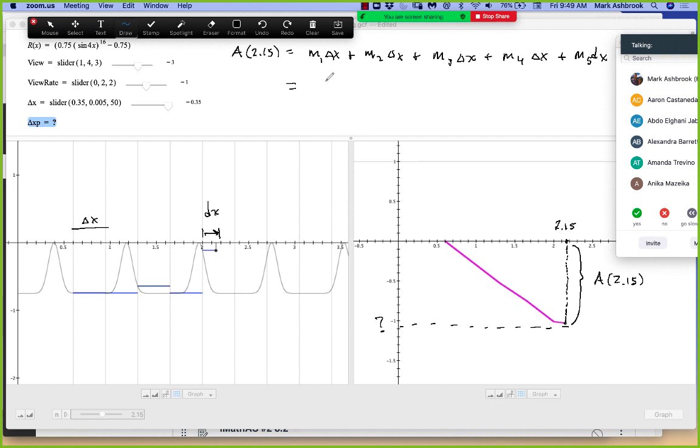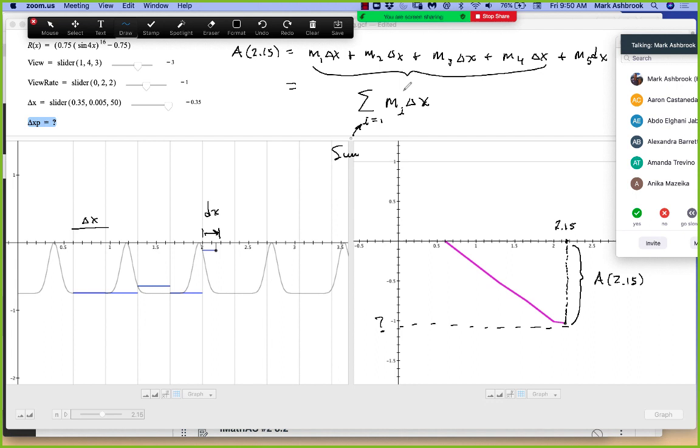So we said we can generalize that. The sum of all the change from the completed intervals, we can use this symbol, which just means sum. Sum up all the m delta x's. So we say m_i, where i goes from 1 to the number of completed intervals. So i is 1, then i is 2, then i is 3, and then i is 4.